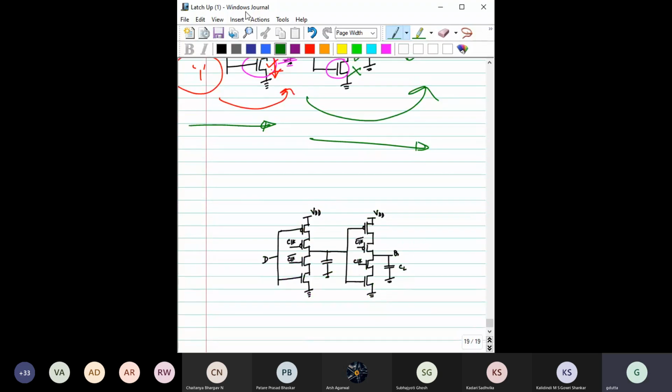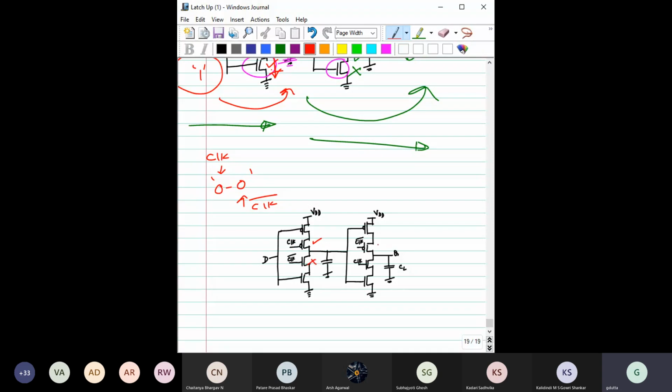Okay, from this, now let us consider the 0 0 case. That means clock is equal to 0, clock bar is also equal to 0. Okay, so clock equal to 0, so that means this transistor is on. Clock bar is also equal to 0, that means this transistor is off.